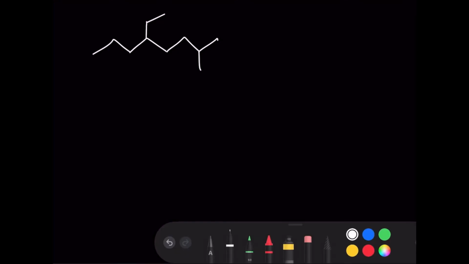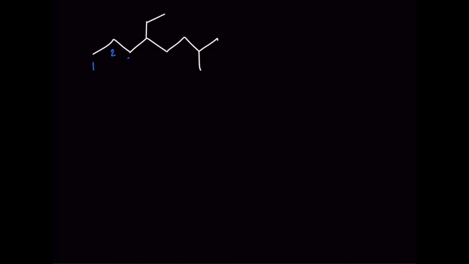Let's look at the next example. Let's say we have a molecule like this, 1, 2, 3, 4, 5, 6, 7, 8, one methyl group here, one ethyl group here. How to give an IUPAC name for this molecule? Number it first, left to right, 1, 2, 3, 4, 5, 6, 7, 8. Here the substituents are at 4 and 7 position.